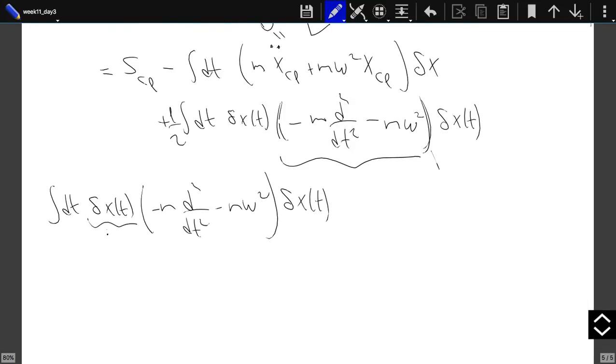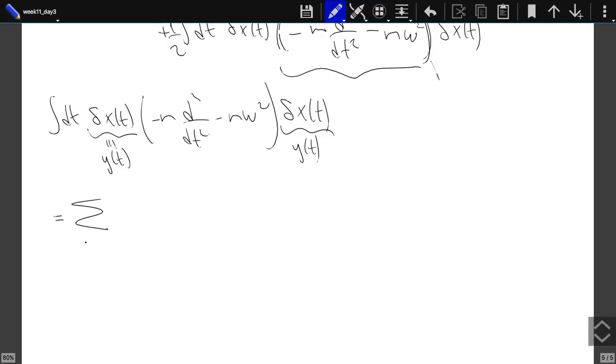Let me define these as y of t, since I don't want to write delta all the time. y satisfies 0 on the boundaries of time.